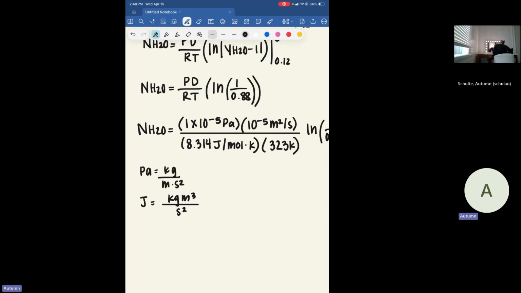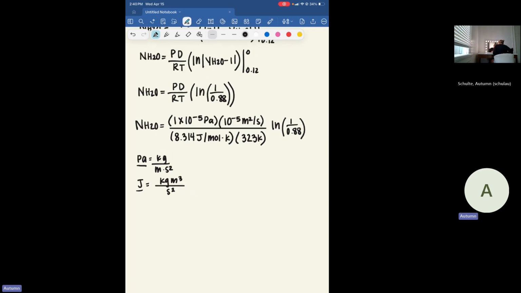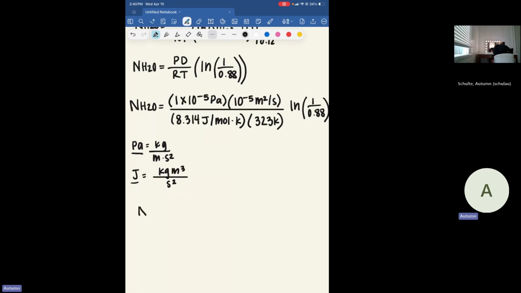So you can plug those in place of Pascal and Joule. And if you do that and you plug in all your numbers into your calculator, you'll find that the molar flux of our water in this scenario is 4.76 times 10 to the negative fifth mole per meter squared second.